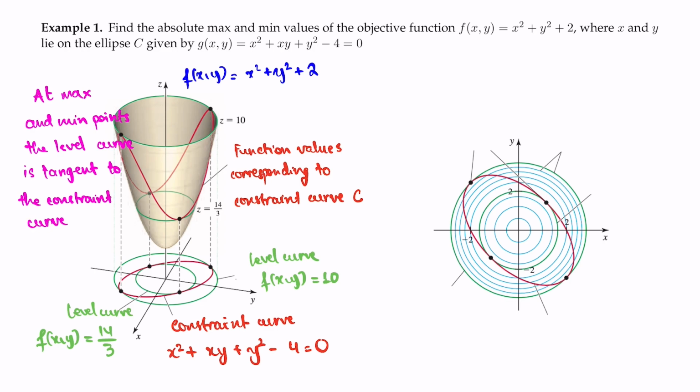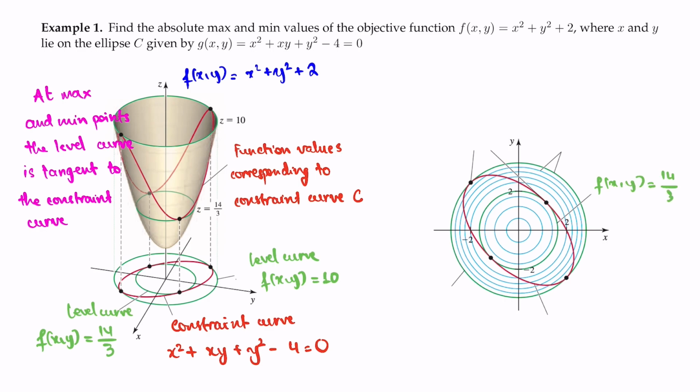Now, if we zoom into these level curves and bring them out here, as you can see, you have the level curve when f of x comma y equal to 10 on the outside. The smaller green curve is the level curve of the function when f of x comma y equal to 14 over 3. So let me quickly note that this is when f of x comma y equal to 14 over 3.